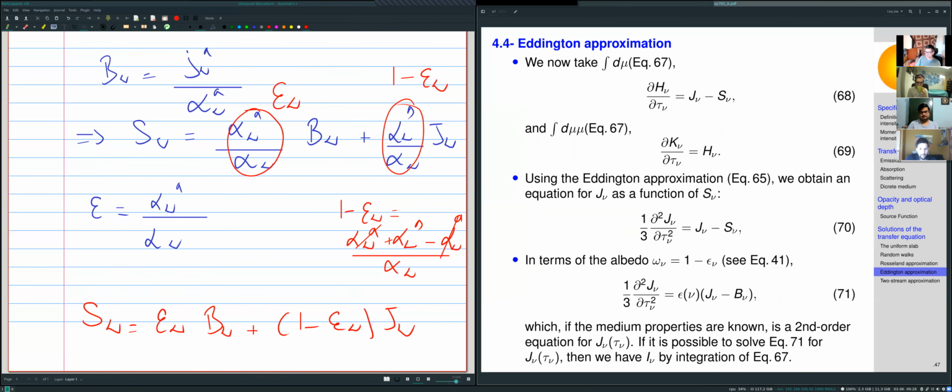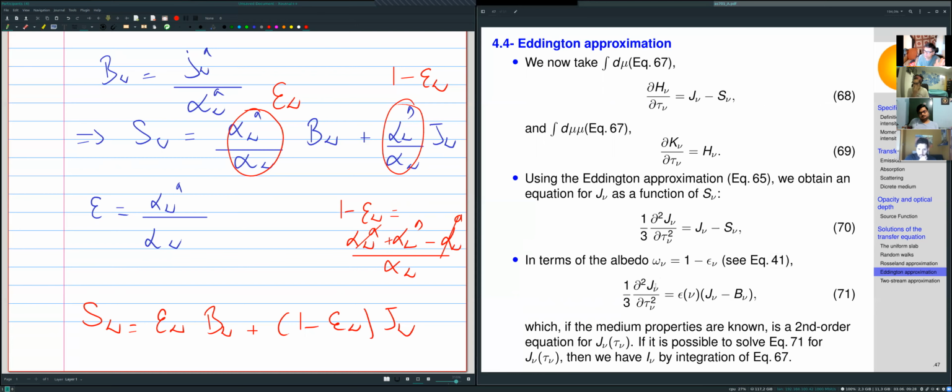I replace this expression in equation 70, and I get down to equation 71. It's what we just said: a second order differential equation for J nu, where we need to specify only the physical conditions. Once we have the temperature field and the optical properties, we can solve this equation for J nu.